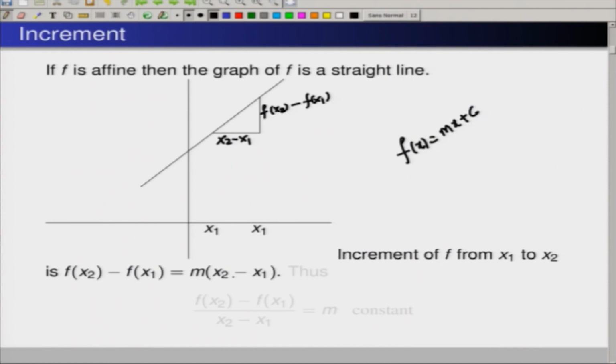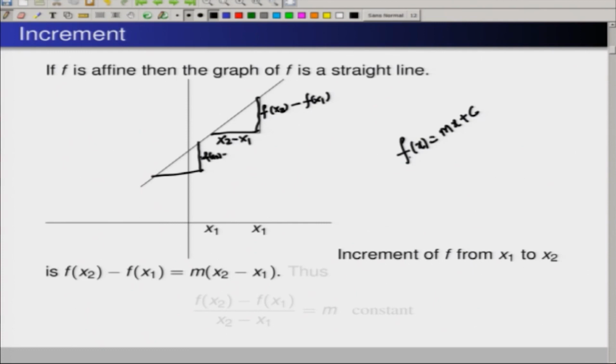Thus, in the case of an affine function, if I take my x 1 and x 2 here, then the ratio of this divided by this is going to be equal to m. It does not matter where your x 1 and x 2 are.